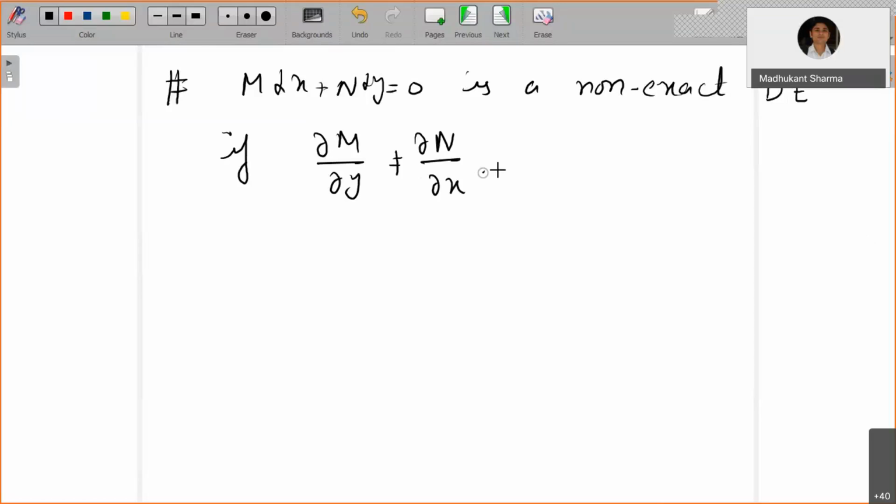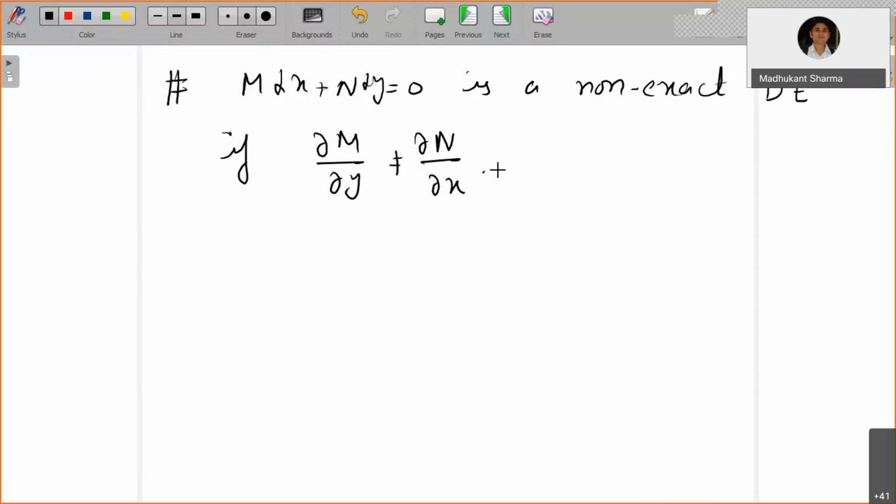Verify this condition, whether ∂M/∂y equals ∂N/∂x or not. If it is equal, the differential equation is exact; if it is not equal, it is a non-exact differential equation.